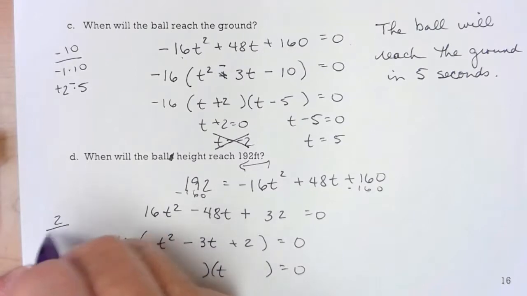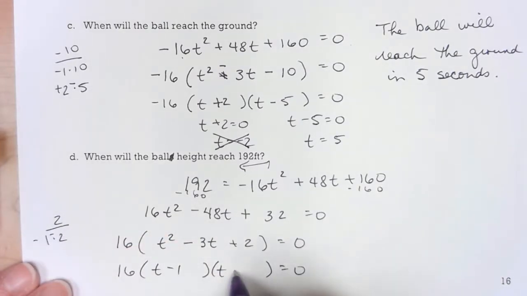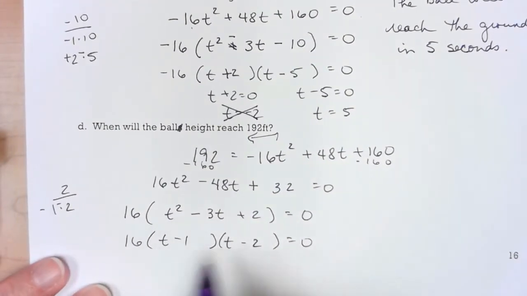Taking my 2, I've got 1 times 2, but they both have to be opposite signs. These are my factors that I set equal to 0.